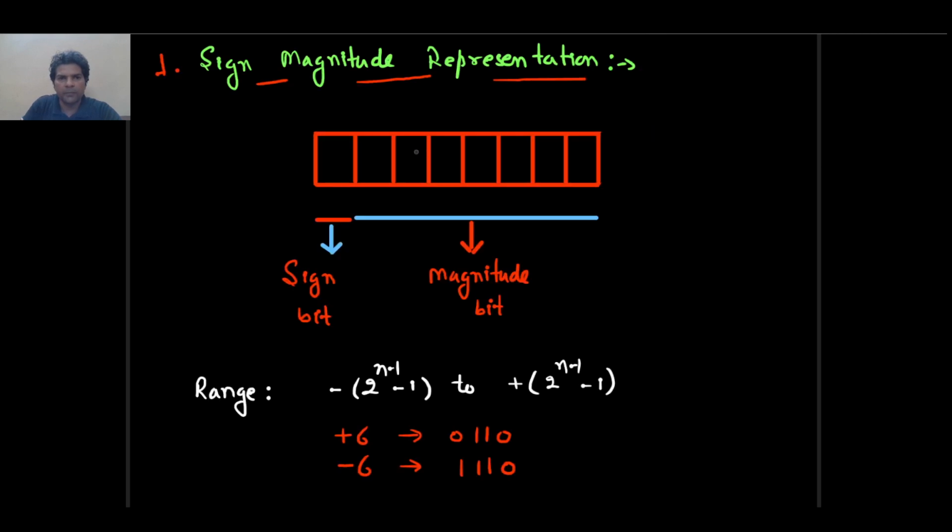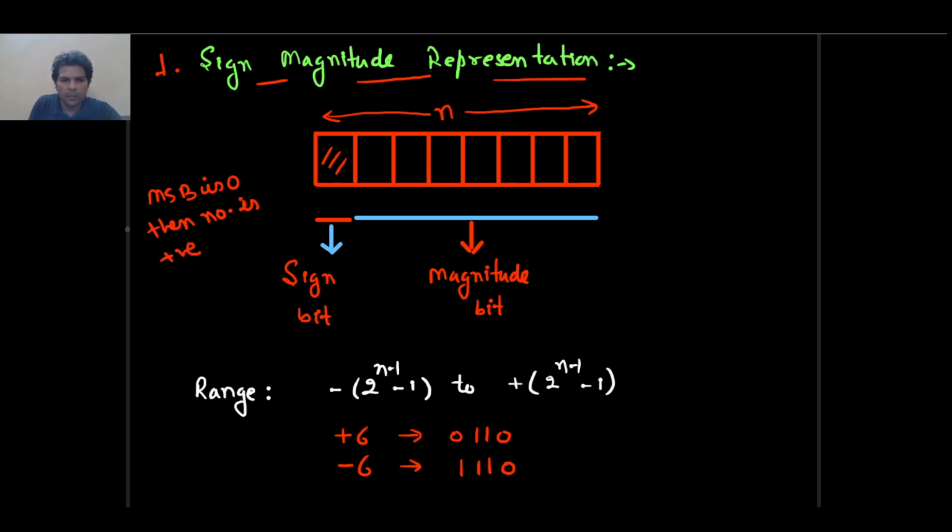So in signed magnitude representation, let's say we have n bits. The MSB is reserved for the sign bit. If this MSB is 0, then the number is positive.